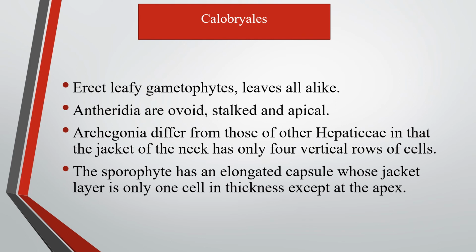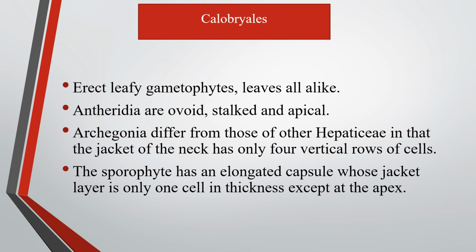Calobriales, let us first talk about the characteristic features. Erect leafy gametophytes, leaves all alike, leaf-like structures rather I should say, and the antheridia are ovoid, stalked and apical. Archegonia differ from those of other Hepaticae in that the jacket of the neck has only 4 vertical rows of cells.